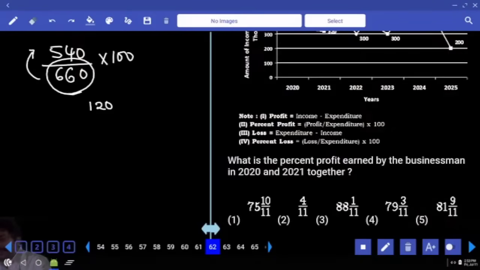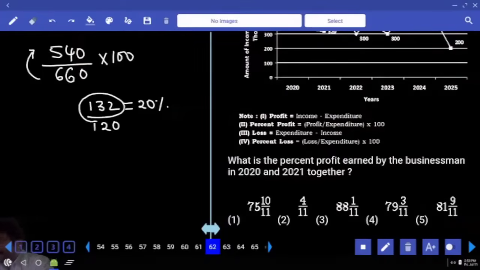Let's identify this in terms of percentage. What is 10% of the denominator? Double that is 132, which is 20%. But we need only 120. 10% of this number is 13.2, and we need to subtract only 12.